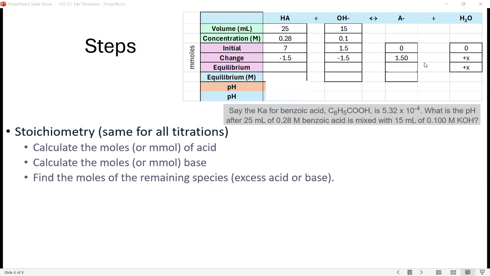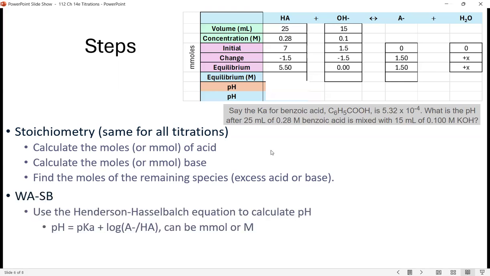So now that we have this, we can find the equilibrium moles of it, and we can stop there. We don't have to take it to concentration, but it's okay if you do, just like the other one. Then we can simply take those moles and divide by total volume, get molarity, and just get comfortable with it. But I'll show you, you get the same number if you do it both ways.